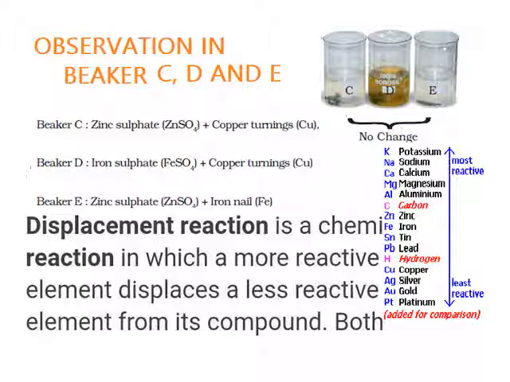So a more reactive metal can displace a less reactive element or metal, and that we call a displacement reaction. And a less reactive element cannot react with a more reactive element. That's why in beakers C, D and E we don't see any reaction.